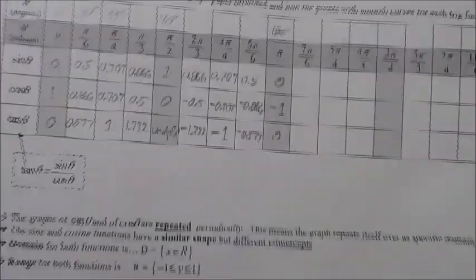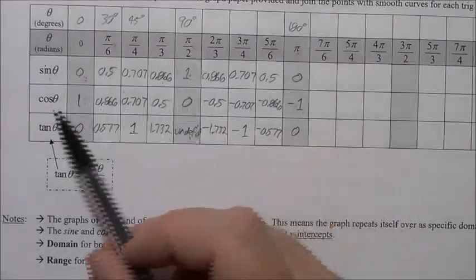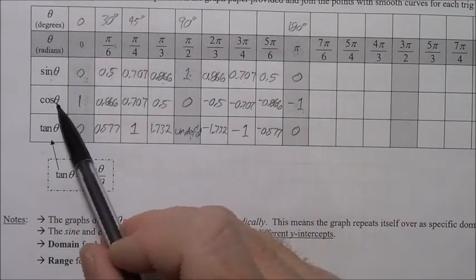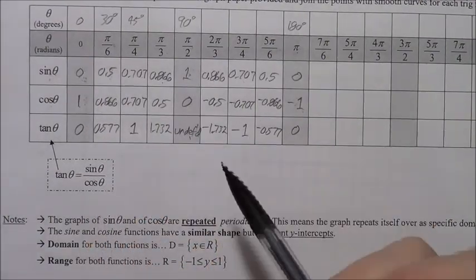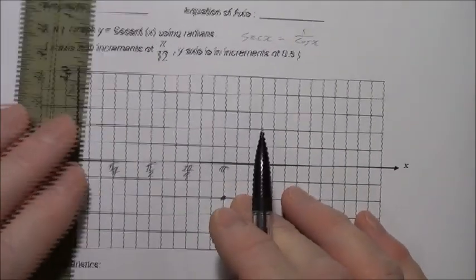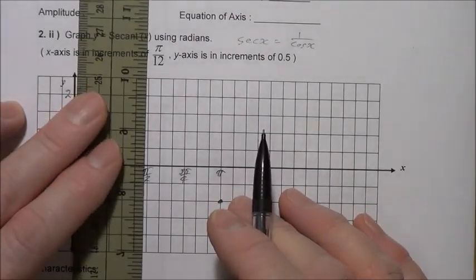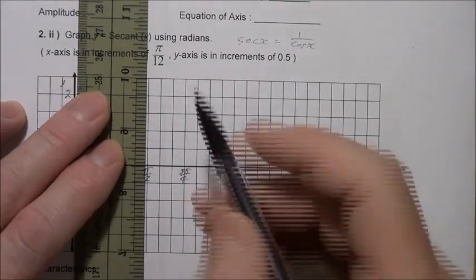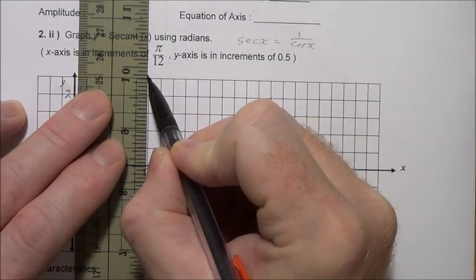And then when the angle is pi by 2, cosine is 0. So when we do 1 over 0, like we've already seen, that would be undefined.